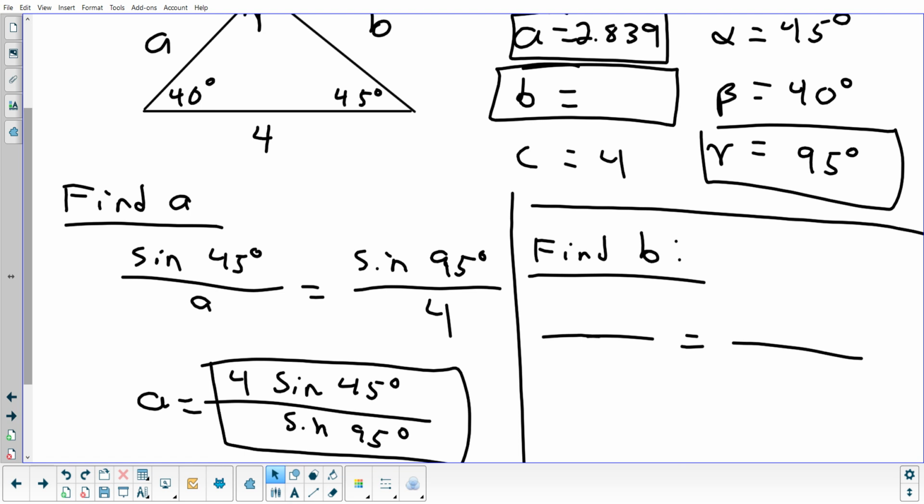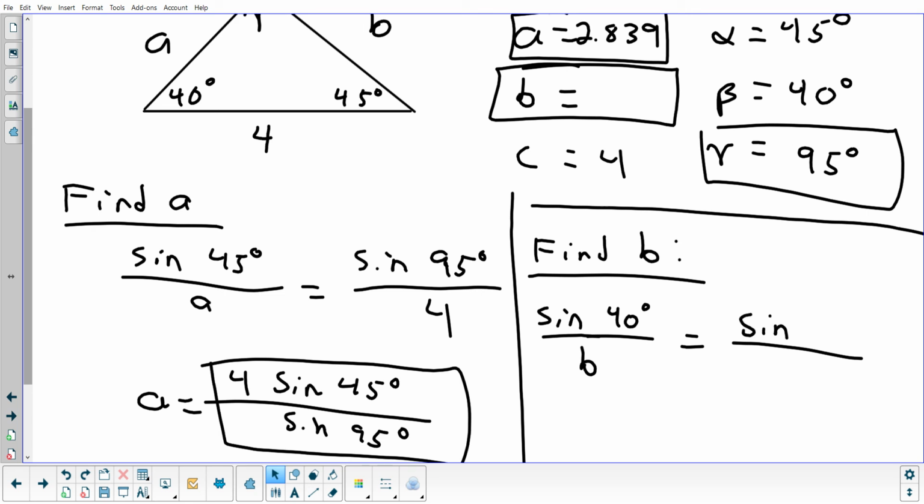And Bailey, can you set up my proportion to get B? Sine 40 over B. Okay, so you got sine 40 over B. And Matt, can you do the other side for me? 2.839.